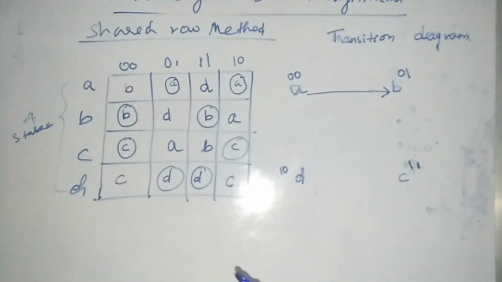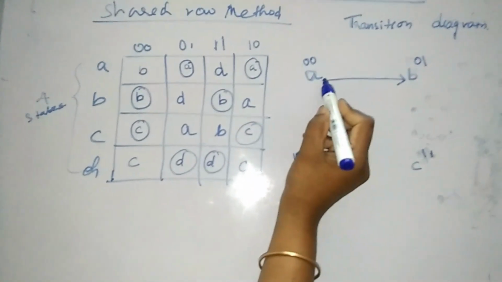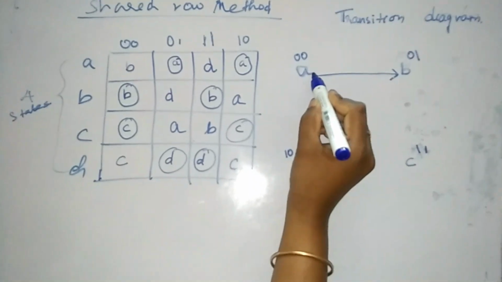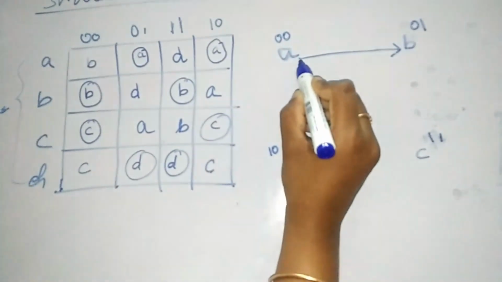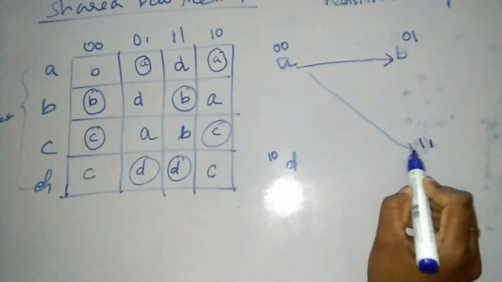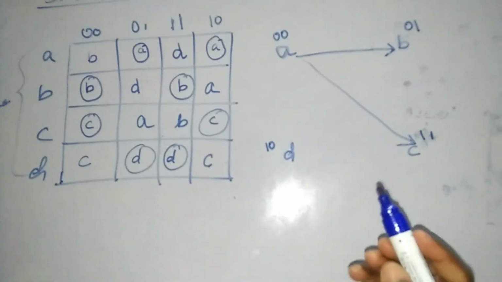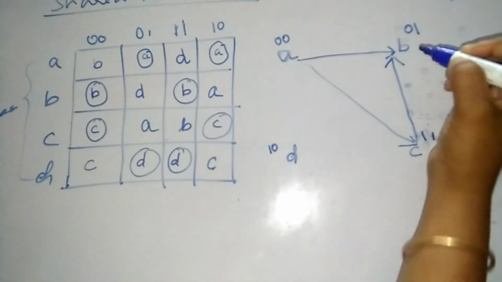And I say that from A to C there is a transition, and from C to B there is a transition.